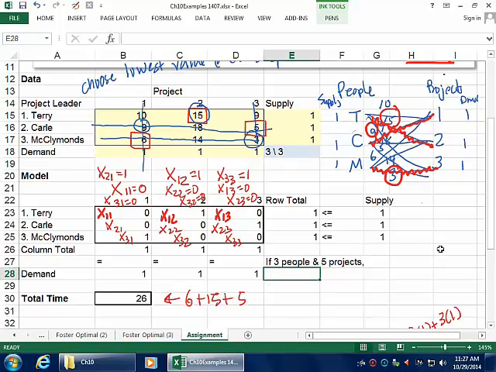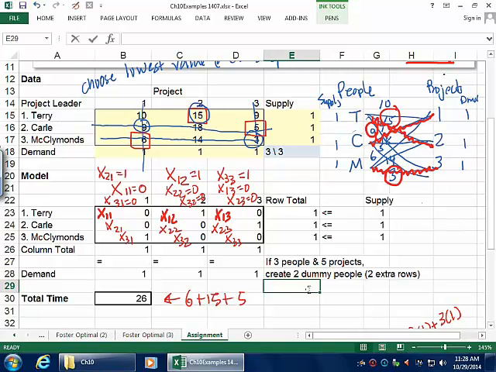Since there are 3 people, you would create 2 dummy people. So that is 2 extra rows, kind of like your unmet demand row. Then you would have dummy 1, dummy 2 for the people, and that would represent the projects that will not be assigned.